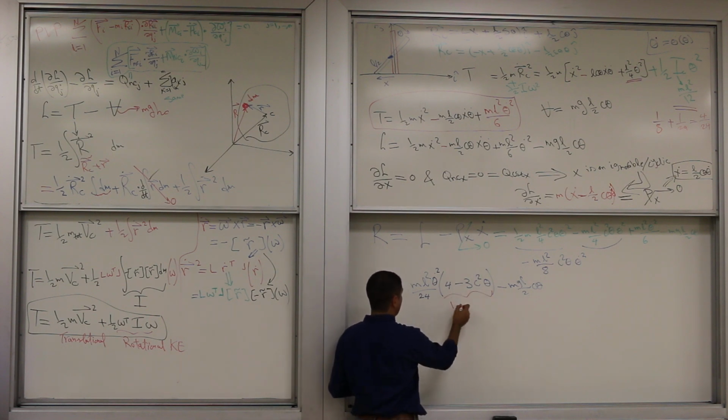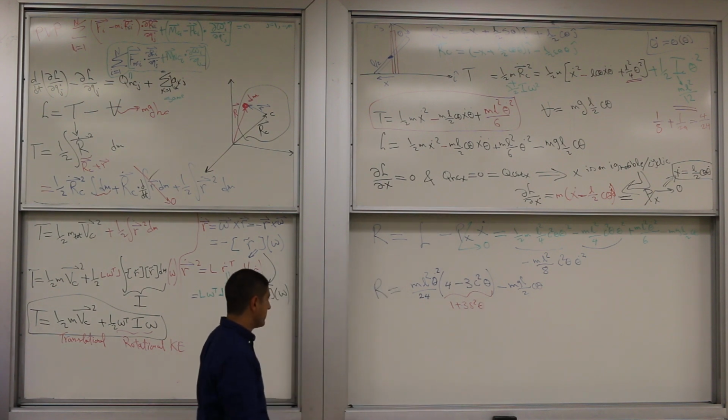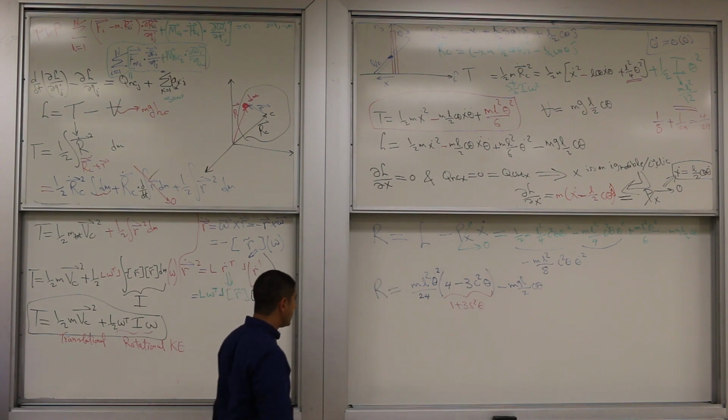This is actually 1 plus 3 sine squared theta. You can write it either way, whatever you like, just to match the solution. So I have my Routhian that's a function of theta only.